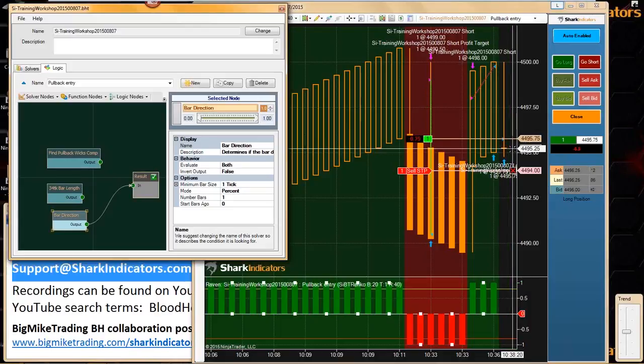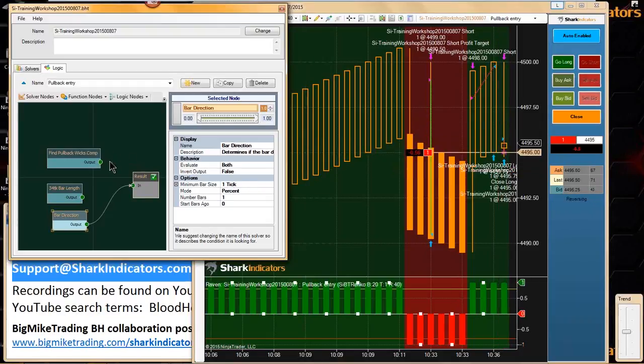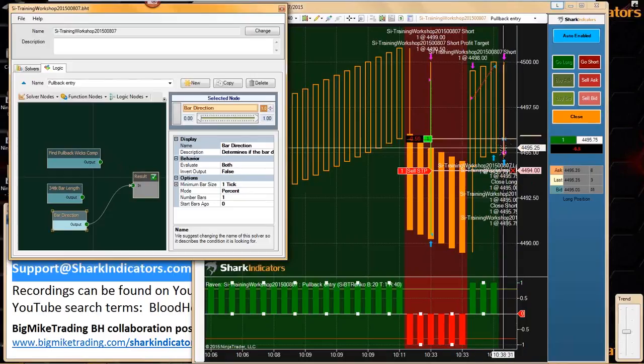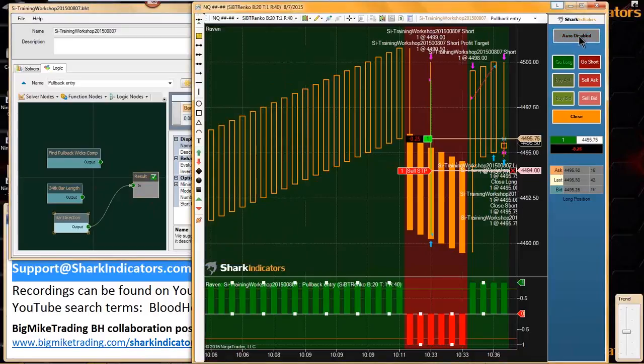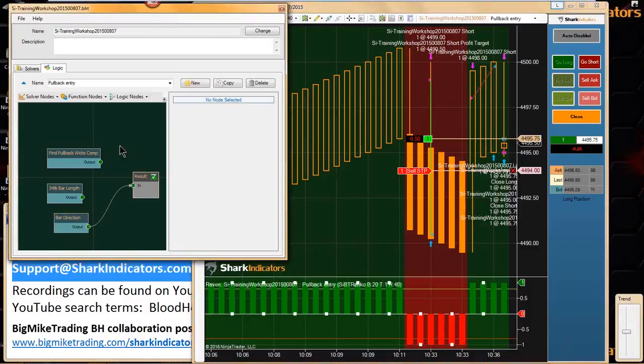So that's a good example of why you wouldn't want to edit your system in Raven, especially if you have Raven set up to trade your live account. Thankfully this is a sim account, so no harm done. But that demonstrates it as you're playing around with stuff. If you have Raven running in the background, it's going to take those trades. I should have disabled Raven before going in and editing stuff like this.